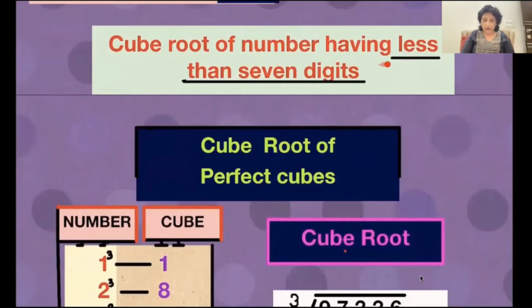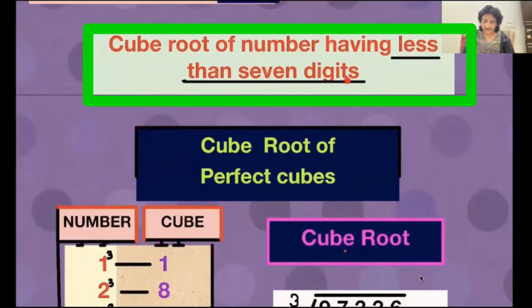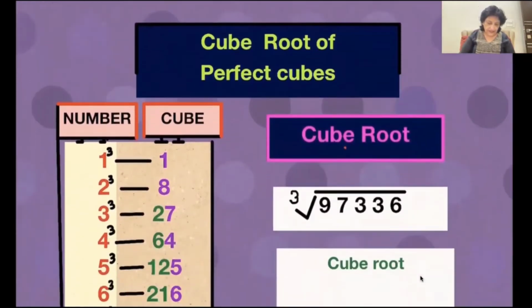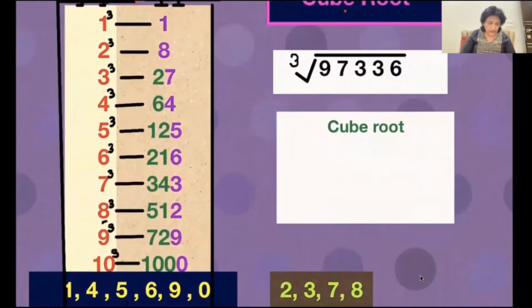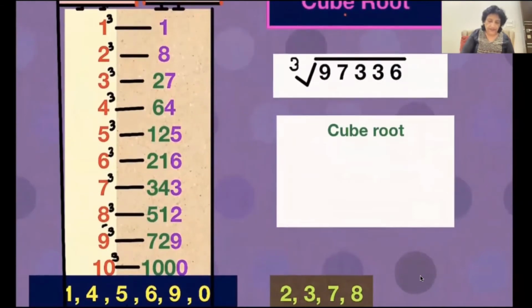This method finds the cube root of a number having less than 7 digits, and we can use it for perfect cubes only. So let's see this table. Just try to observe the numbers and their cubes. 1 cube is equal to 1. 2 cube is equal to 8, and just observe the unit digits of the other cubes: 3 cube has 7 at the units place, 4 cube has 4, 5 cube has 5.